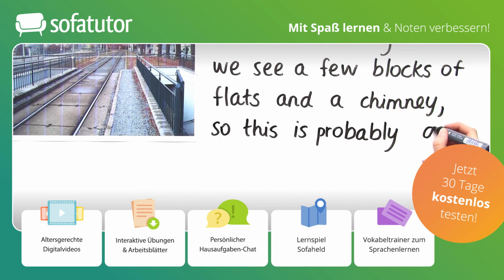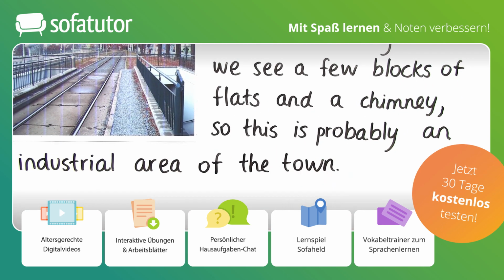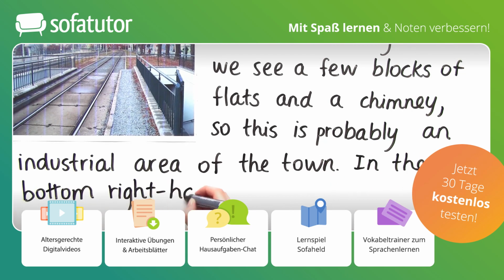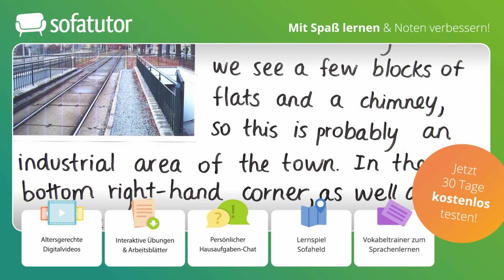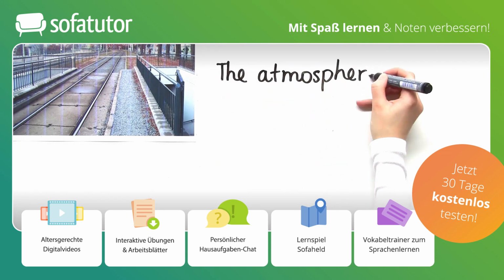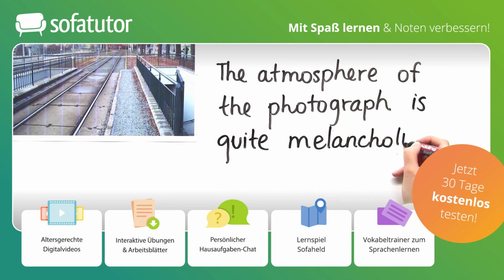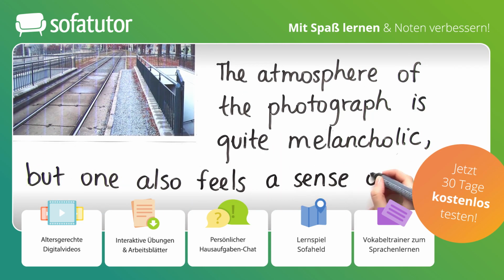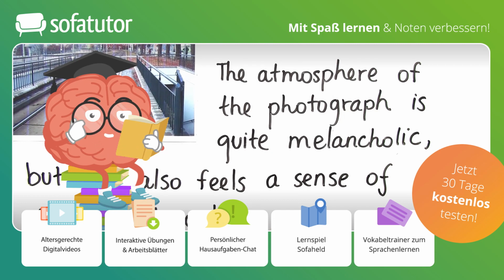So this is probably an industrial area of the town. In the bottom right-hand corner, as well as on the left, there are entrances to the underground. The atmosphere of the photograph is quite melancholic, but one also feels a sense of peace and calmness.